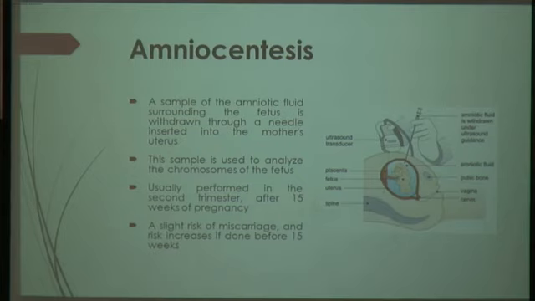So they can take a sample of this amniotic fluid, and in this sample it has fetus cells. They can look into the cells and tell if it has 2 or 3, if it has trisomy for chromosome 21.